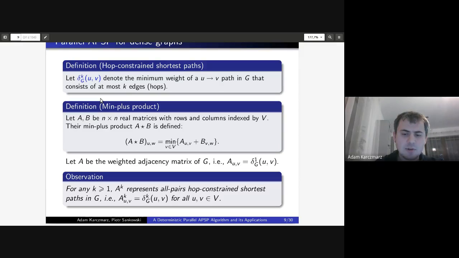And it's easy to show that if we take the kth power of A, then it represents exactly the hop constraint shortest paths as defined at the top here.